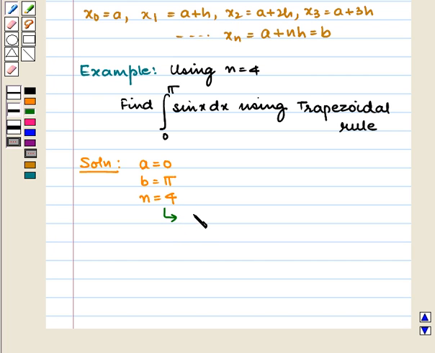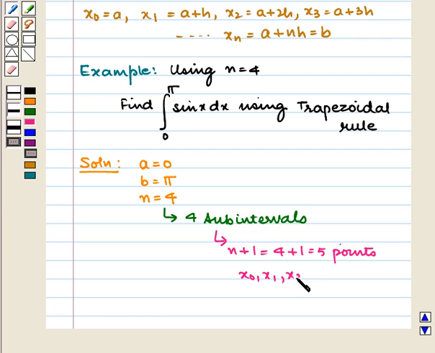That means we will have 4 subintervals. So there will be n plus 1, that is 4 plus 1, which is equal to 5 points. That are x0, x1, x2, x3, x4.